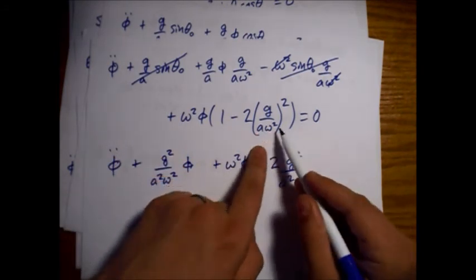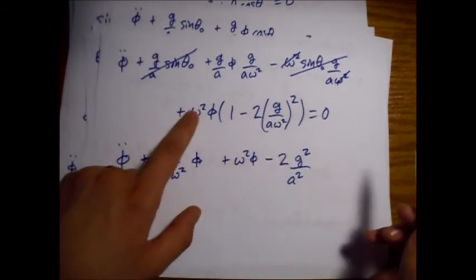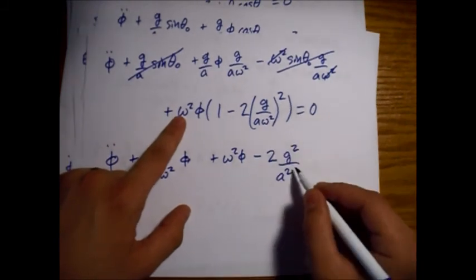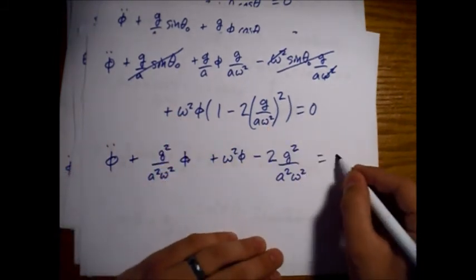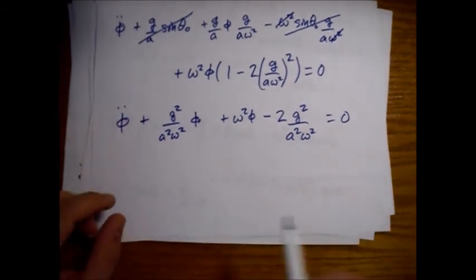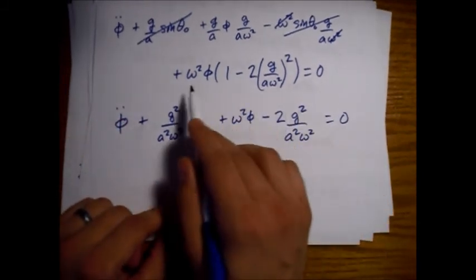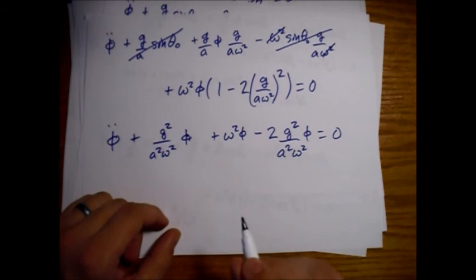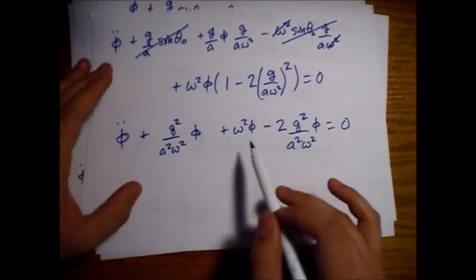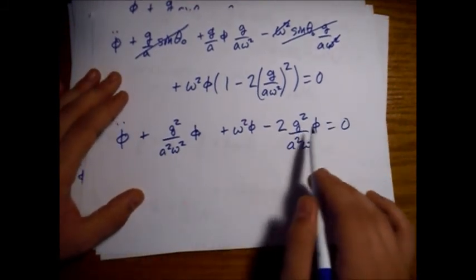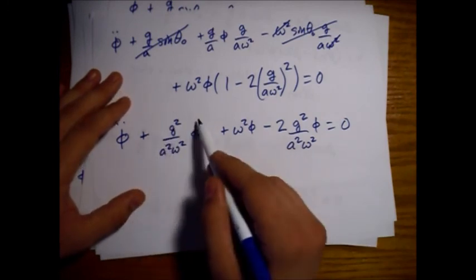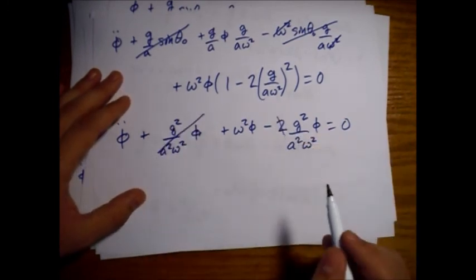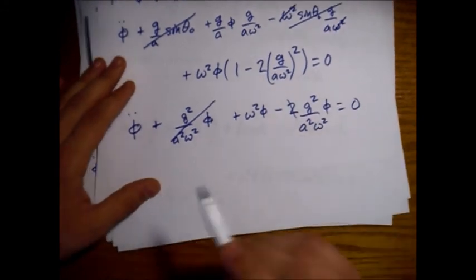And this omega squared down here will cancel with this one up here, and we won't get an omega to the fourth, we'll just get omega squared. All right, now we see, oh yeah, there's a phi with this as well. All right, so this will subtract off this one, so we can just get rid of that 2, and we just have one of these guys left.